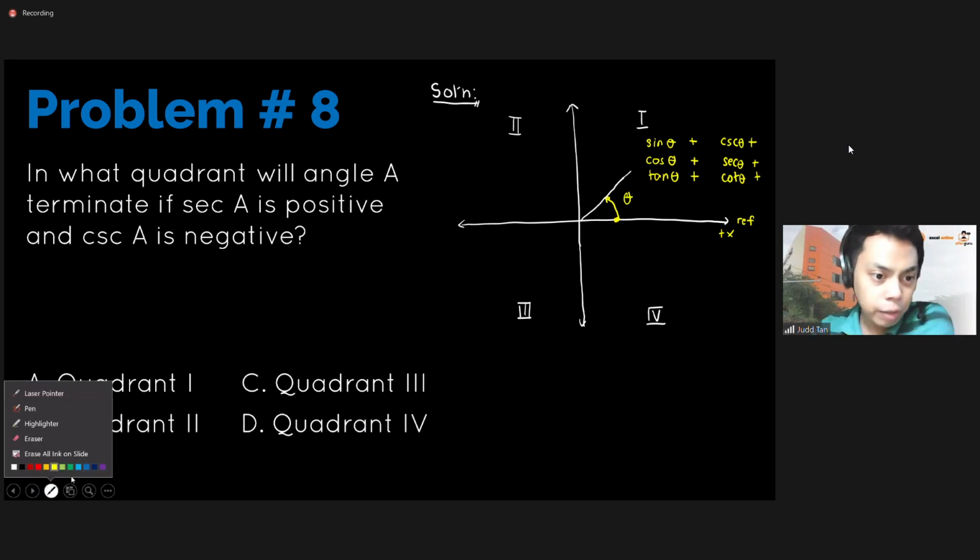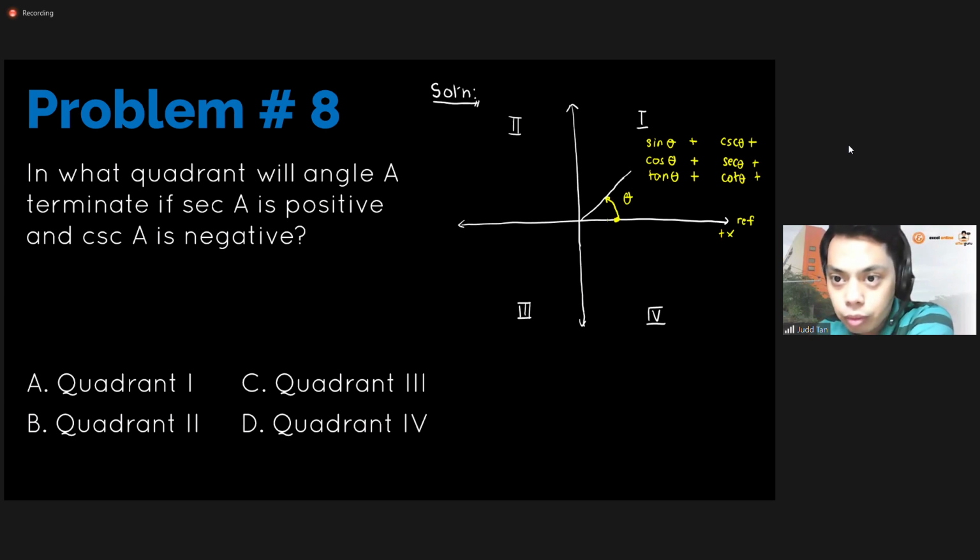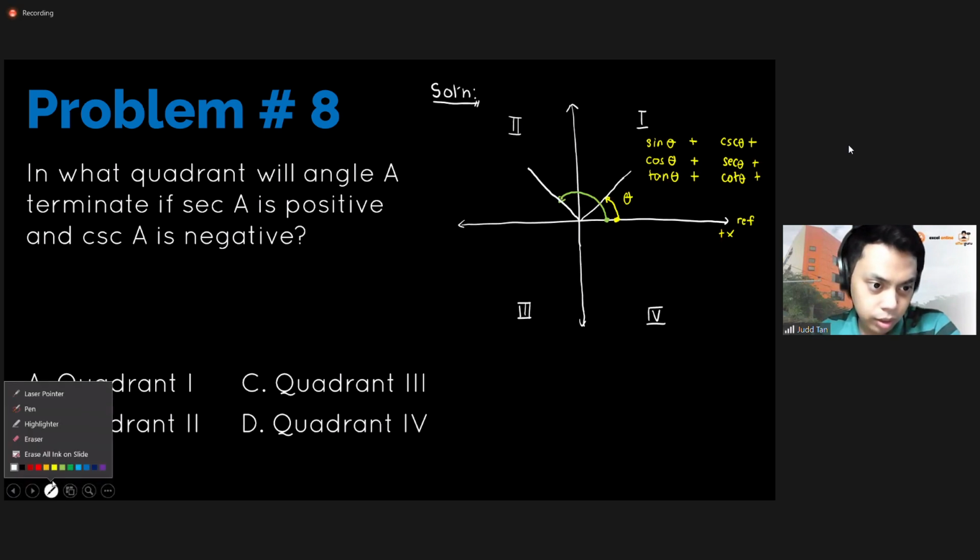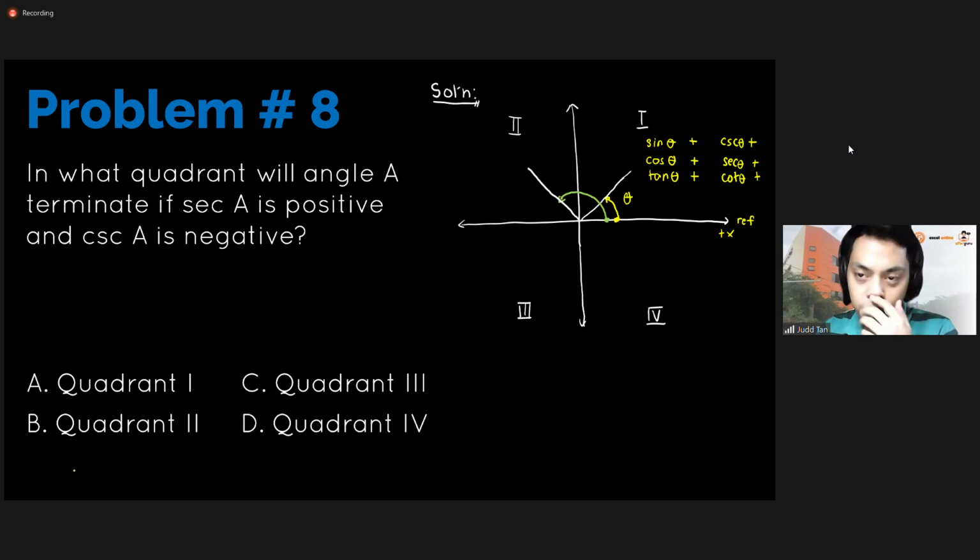Let's go. Dito na tayo sa next. If you move from the same starting point, and then terminate somewhere sa second quadrant, kunyari yung theta natin guys nag-extend, dito na siya sa second quadrant.